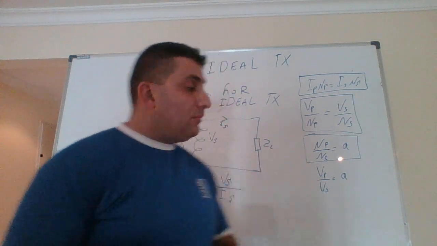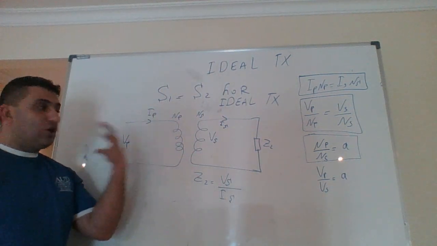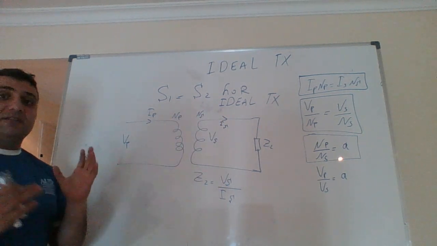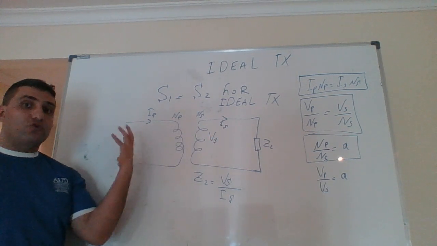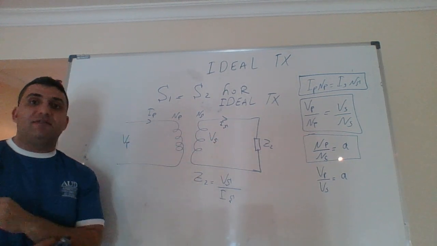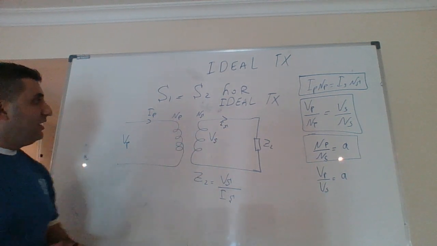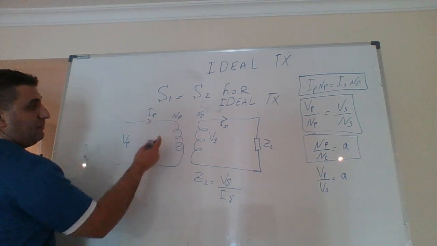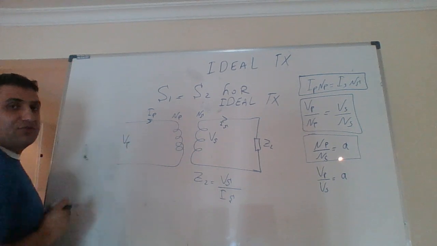Now, I need to look from the source. I am the source of power going through a transformer to a load. I need to find the relationship. What does the actual source see, irrespective of the load impedance Z2? For this current to drive through, there must be an impedance that drives this current from this voltage.